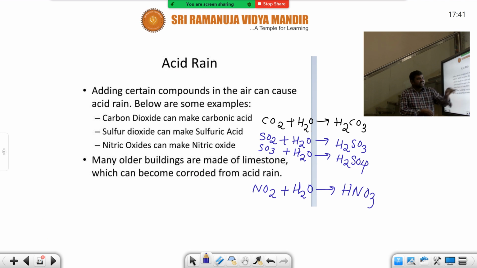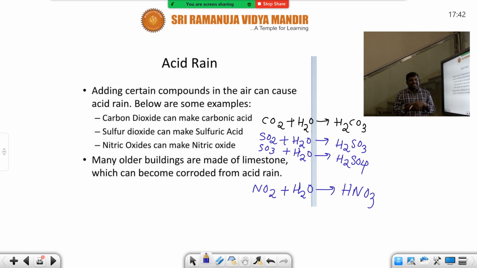How is carbon dioxide formed? By direct combination of carbon and oxygen. Any other method? Carbon dioxide can also be prepared by decomposition of sodium bicarbonate or calcium carbonate. Sulfur dioxide is formed by combination of sulfur and oxygen. Any non-metal reacting with oxygen forms the corresponding non-metal oxide.